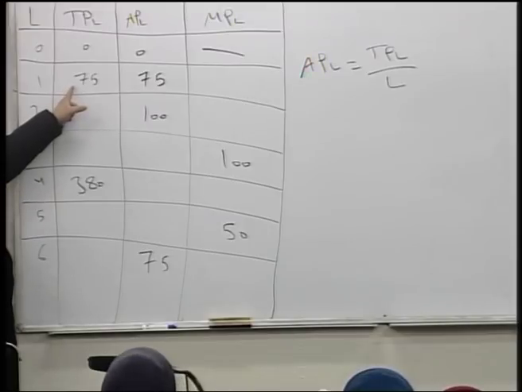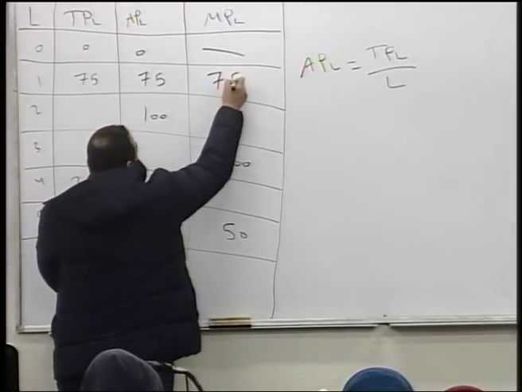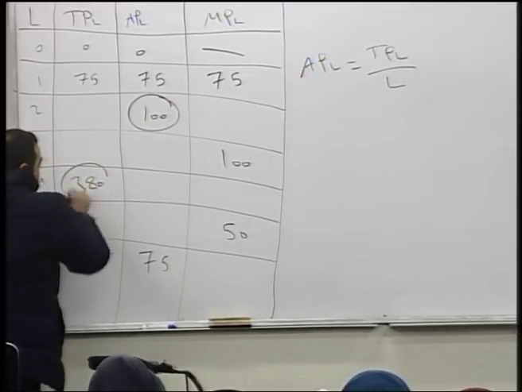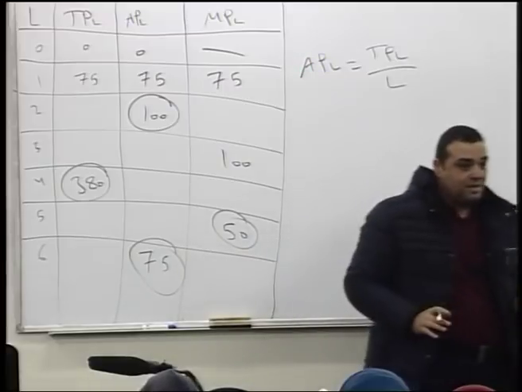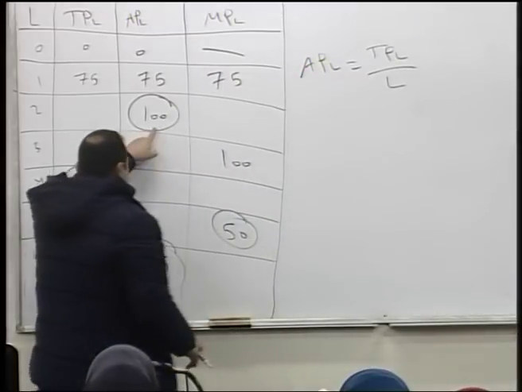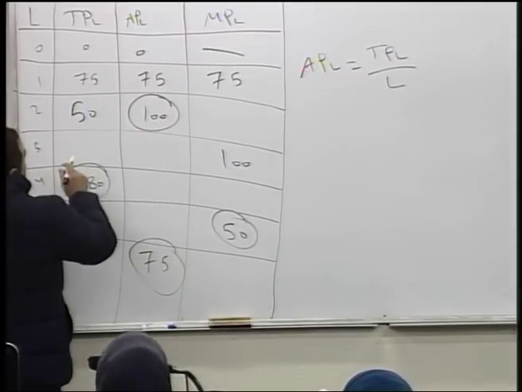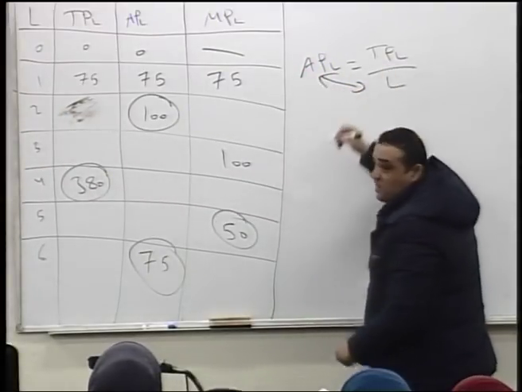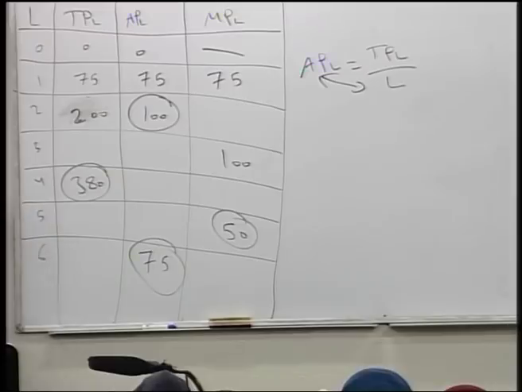Here APL is given, so we have to use the given data to complete the table. Here APL equals 100, and APL times L equals total production labor, so here should be 200. Right?